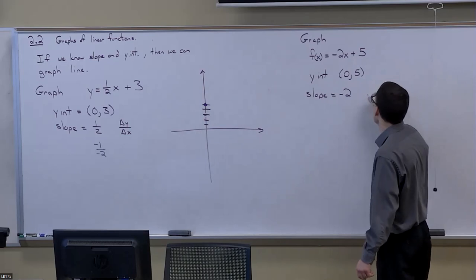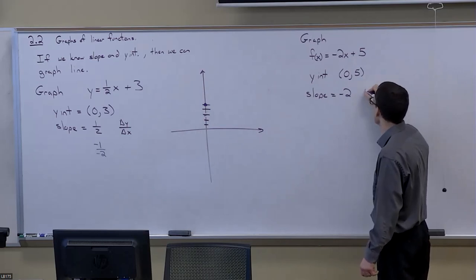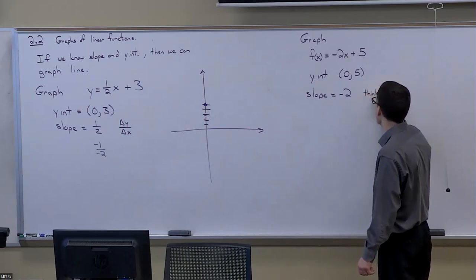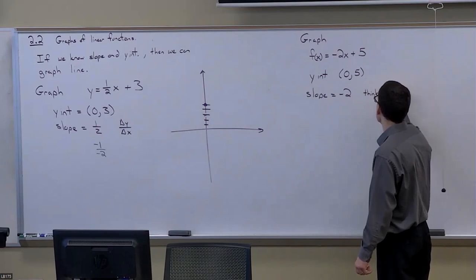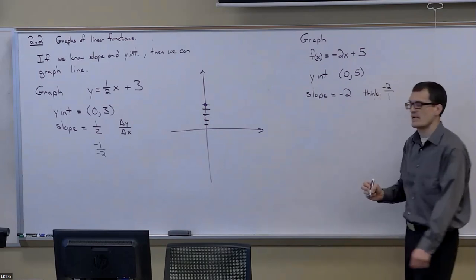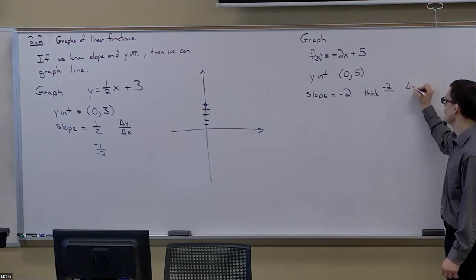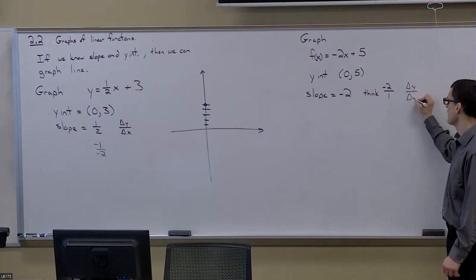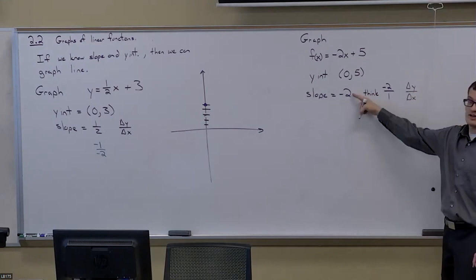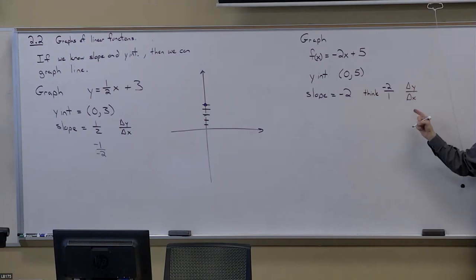So think, -2 is the same thing as -2 over a +1. So there you can think of change in y over change in x. If I think of -2, you say, well, what's the denominator there? It's an implied 1. That's all I'm saying.